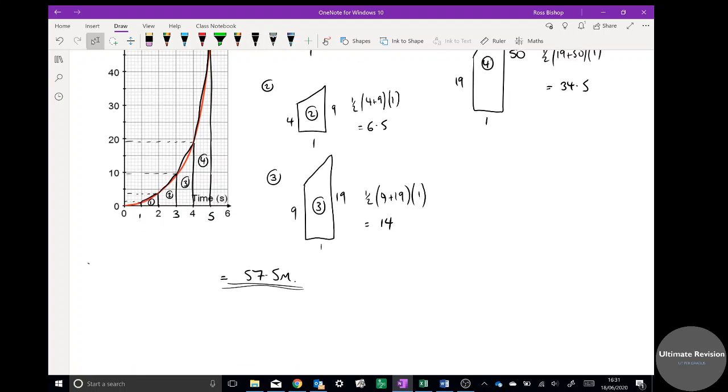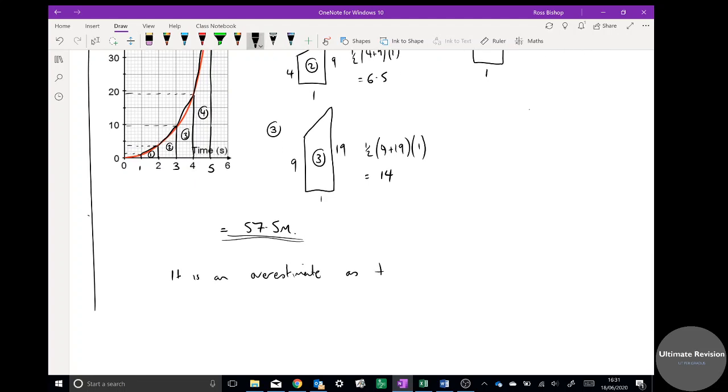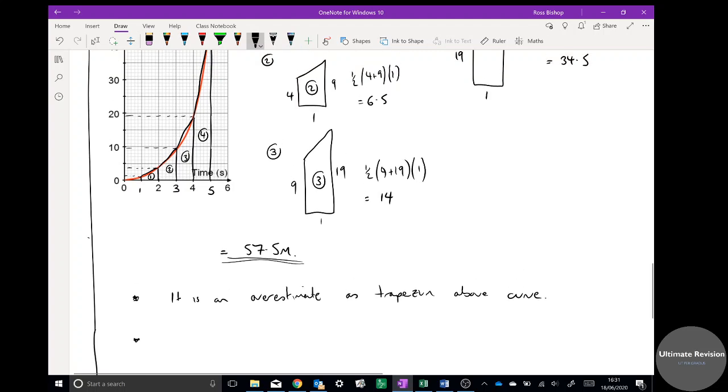Again, you could be asked, is this an over or an underestimate? Again, this is an overestimate because your trapeziums go above the curve. And then you also might be asked, how could you make this more accurate?